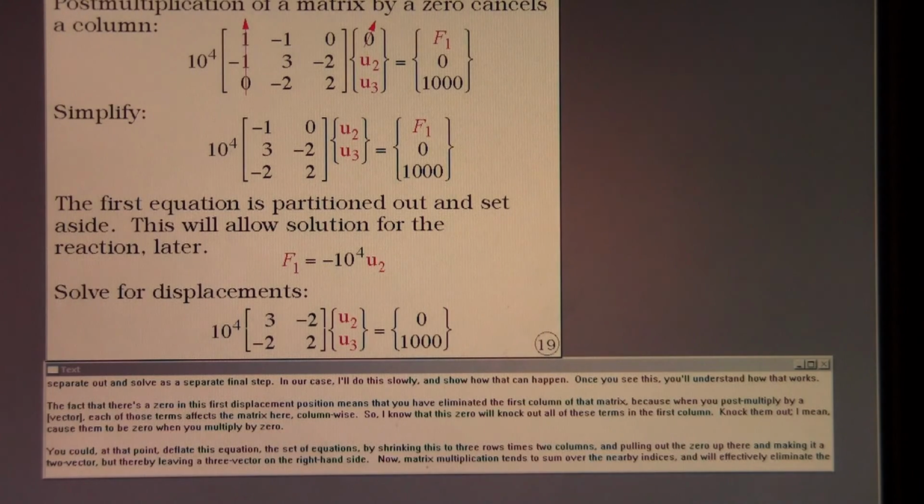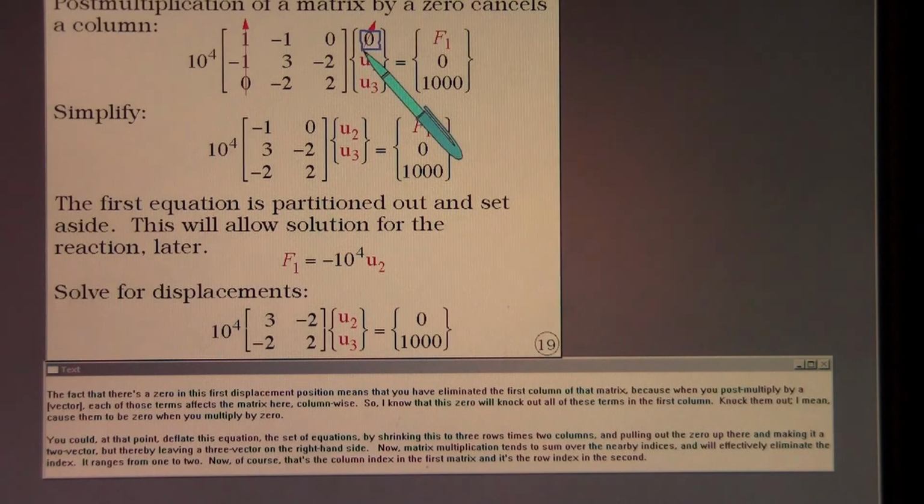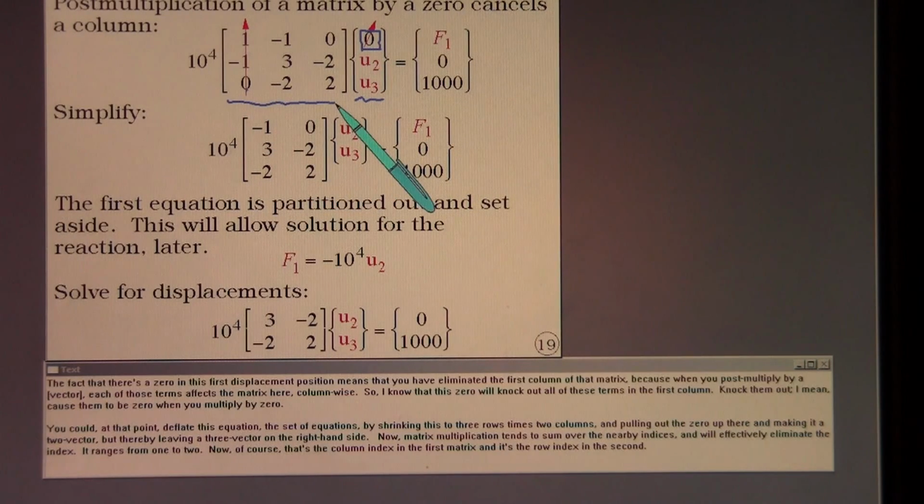The fact that there's a 0 in this first displacement position means that you have eliminated the first column of that matrix, because when you post-multiply by a matrix, each of those terms affects the matrix here column-wise. So I know that this 0 will knock out all of these terms in the first column.